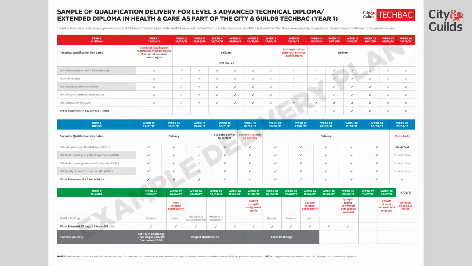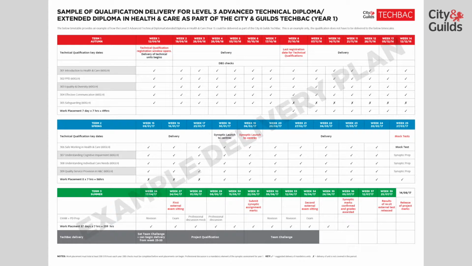So for example, themes in year 1 could be to explore legislation and codes of practice and its application in health and care, safeguarding and safe working, communication, and finally care needs and understanding cognitive impairment. All these are underpinned by exploring quality provision in service delivery and in practice. Now, we leave this to centres to consider when designing their schemes of work for this particular qualification.